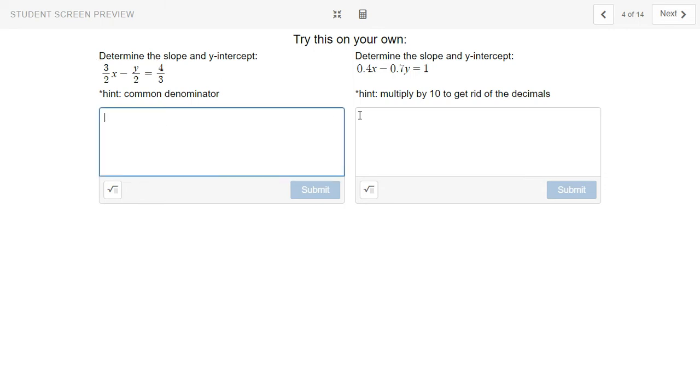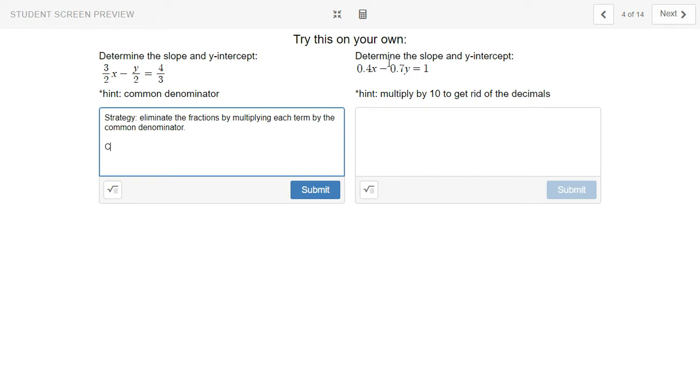Now, one strategy we have when we're dealing with fractions is to multiply each term by the common denominator. One way to find the common denominator is to multiply the denominators together.